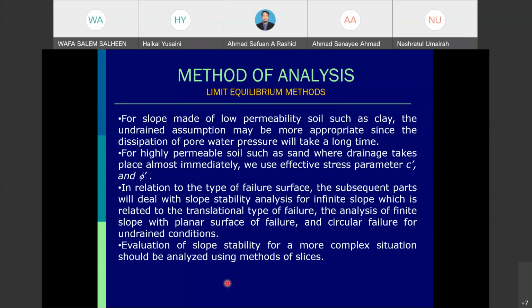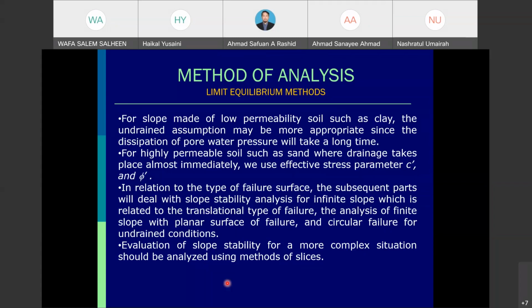In relation to the type of failure surface, the subsequent parts will deal with slope stability analysis for infinite slope, which is related to the translational type of failure, the analysis of finite slope with planar surface of failure, and circular failure for undrained conditions.